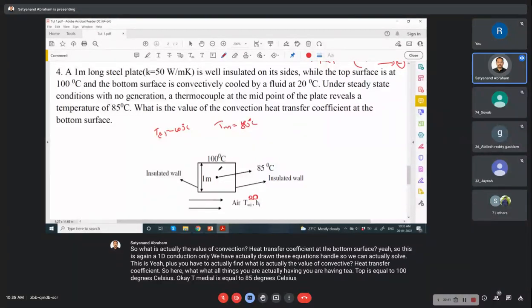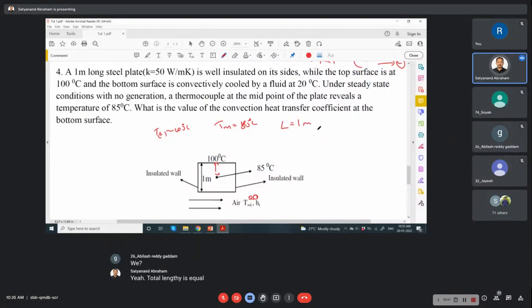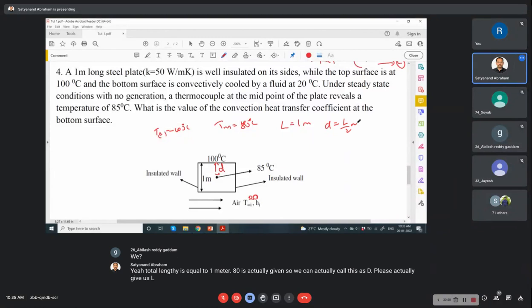Do we know the distance between these two? The total length is 1 meter, so we can call this distance D, given as L by 2. And T infinity is 20 degrees Celsius.